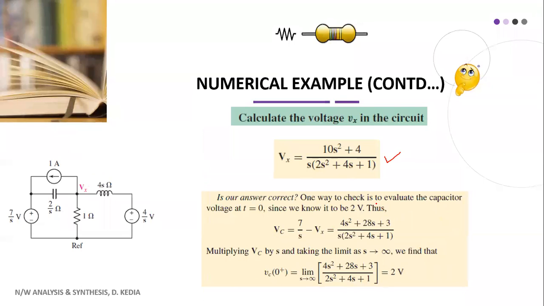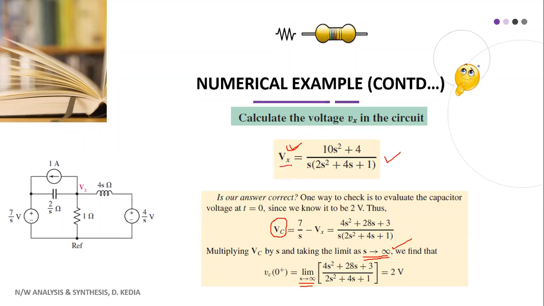Now, if you want to check whether your answer is correct or not, if you remember, I talked about initial conditions and final conditions. In the initial value theorem, we make s tend to infinity. This is Vx. To check the initial condition across the capacitor, we need the voltage across the capacitor, that is Vc.